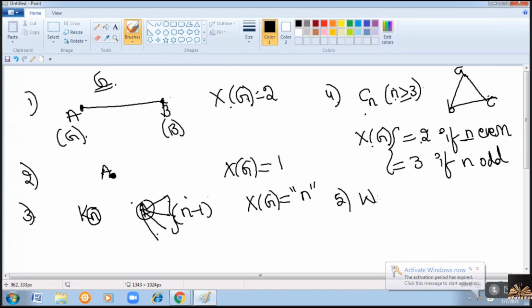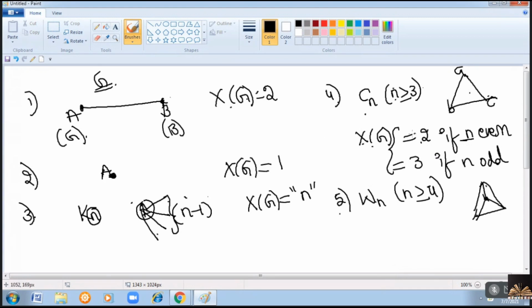Next, for the wheel graph, the number of vertices should be minimum 4. What do you mean by a wheel graph? To the cycle graph, if you add a universal vertex, you will get a wheel graph, right? For a cycle graph, the chromatic number is 2 if n is even, but you get the wheel graph by adding one vertex to the cycle graph.